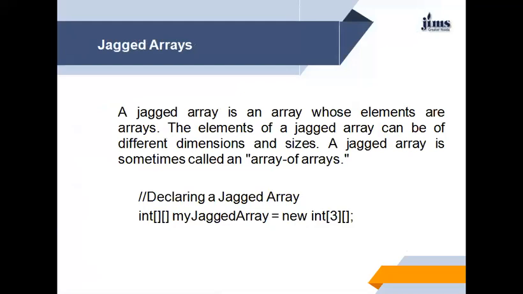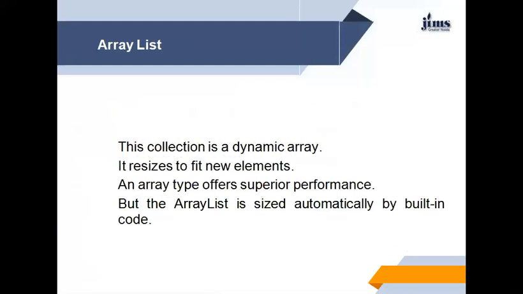The way you declare a jagged array: Integer with two brackets, then the name of the array, myJaggedArray, New Integer. In the first square bracket we put the dimension, and in the second we leave it blank. So, like a multi-dimensional array, you can declare it.